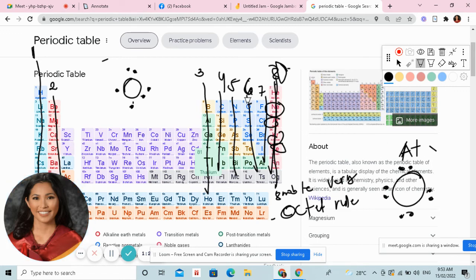Now here, unbonded oxygen only has 6 valence electrons. So what can it do to gain 8 electrons?